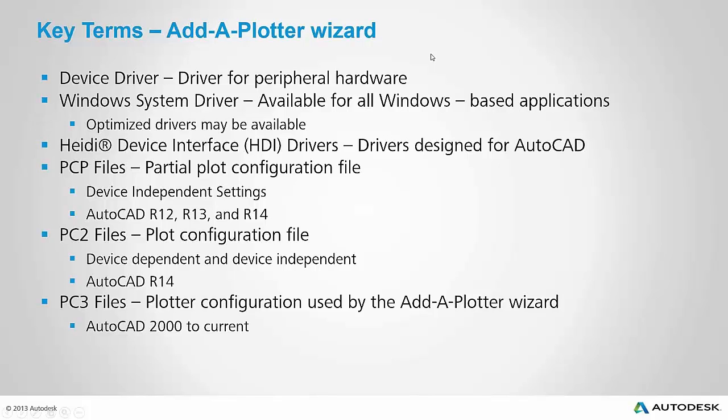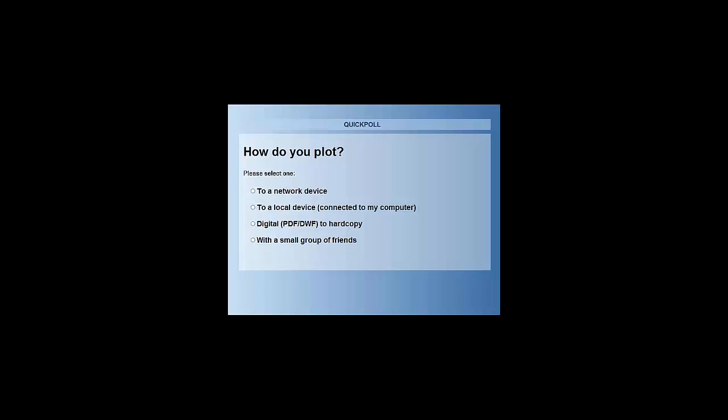Got a few of those. And there's only 6% saying they plot with a small group of friends. Perhaps their plots are a lot larger and they need a larger group of people to engage. But the majority, about 56%, plot to a network device, but a large 33% are going right to digital first and then going out to hard copy. Wow. Great, which is a trend that we're seeing a lot more of.